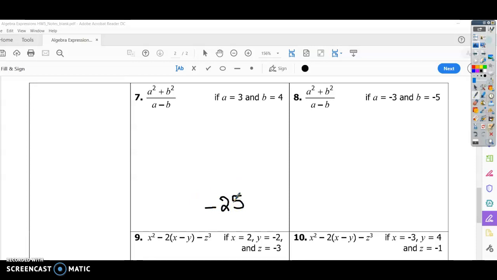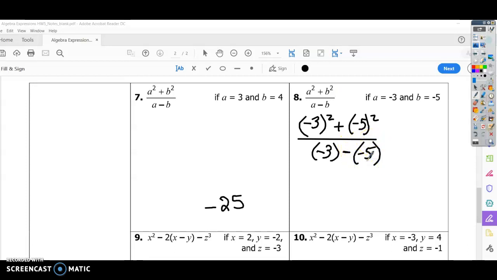All right, so on 8, we've got a squared, so negative 3 squared, put it in parentheses, plus b squared, which is negative 5 squared. And then we're dividing by a, which is negative 3, and minus b, and b is negative 5.